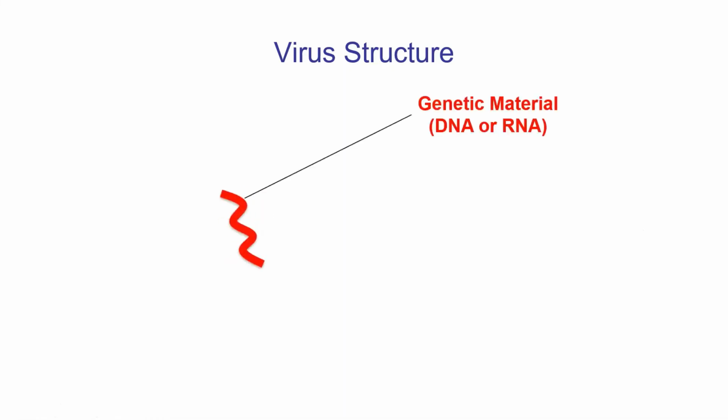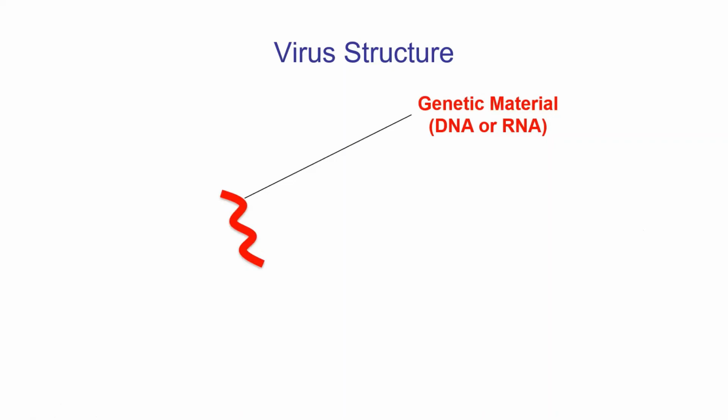So let's talk a little bit about virus structure, and we'll see how far we get today. We're not going to get a chance to talk about COVID-19 today, but just a little bit more general stuff about viruses. So I mentioned about viruses that they are basically some genetic instructions wrapped with a protein coat. So there's our genetic instructions. We can have DNA or RNA.